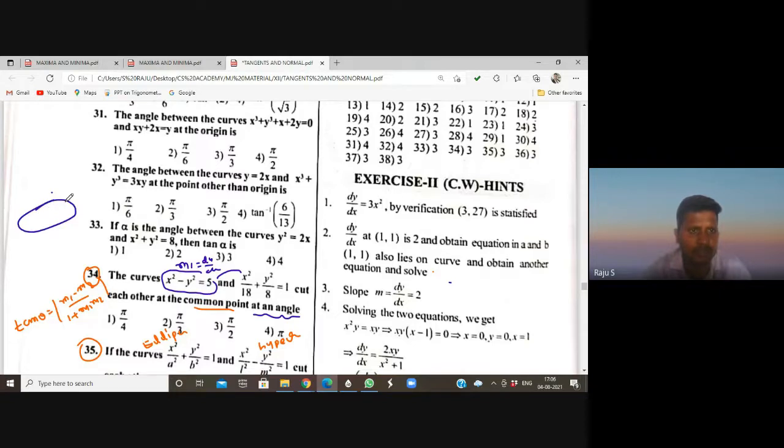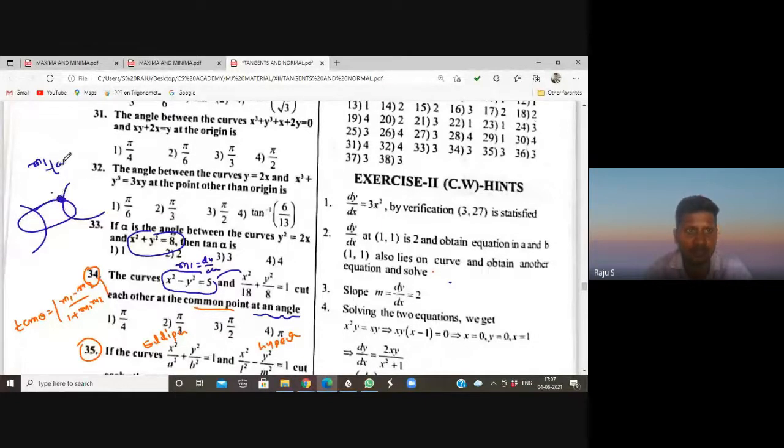This is the ellipse, this is the hyperbola. If we solve these two equations, we get the common point. Then find m1 by differentiating the first one, and m2 by differentiating the second one, so we will get the m1, m2 values at that point of contact.